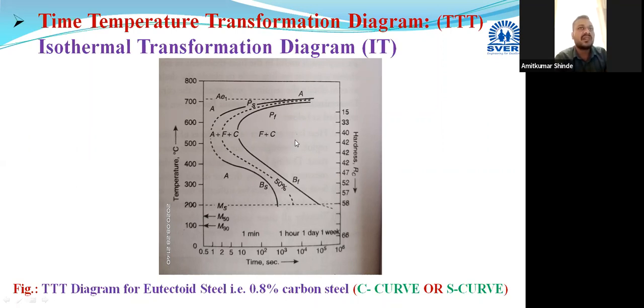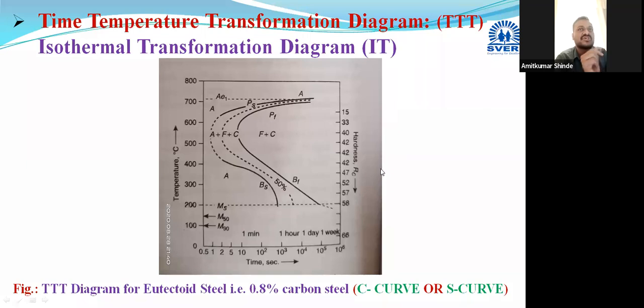In the same way, alpha, that is proeutectoid ferrite, will be observed in hypoeutectoid steel. And in the same way, in the hypereutectoid steels, proeutectoid cementite phase will be there. C, that is cementite formation start. Cementite formation starts at that particular temperature.